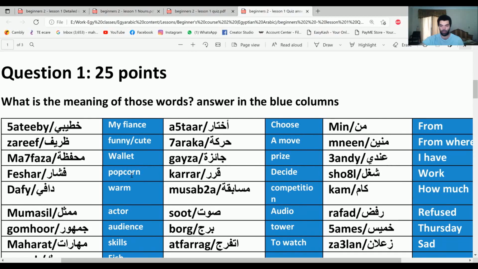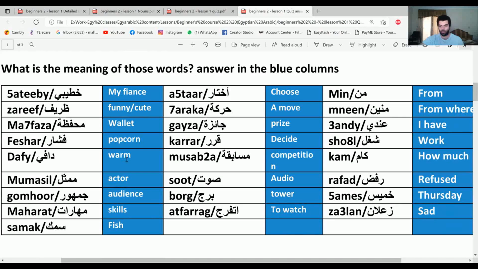And fishar is popcorn, dafi, warm, mumassil, actor, gumhur, audience, maharat, skills, samak, fish. And then we have akhtar, select or choose, haraka, a move or movement, Gaiza, prize, qarrar, decide, musabqa, competition.